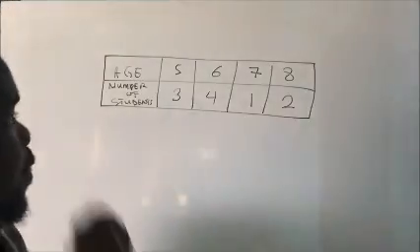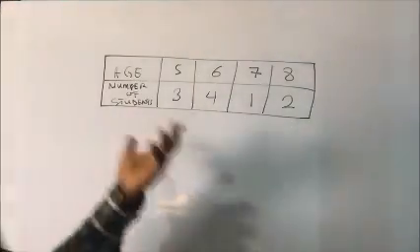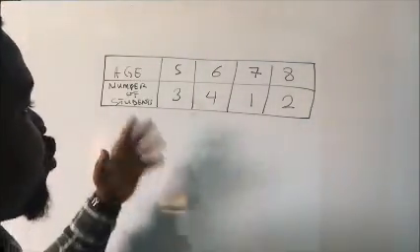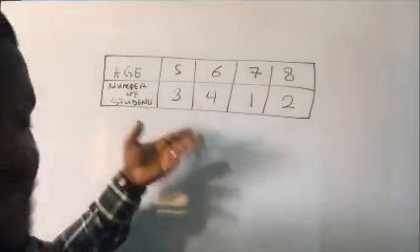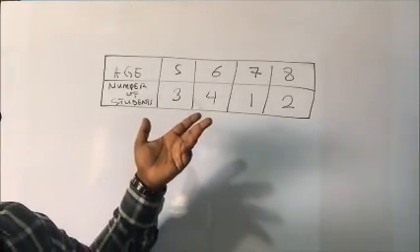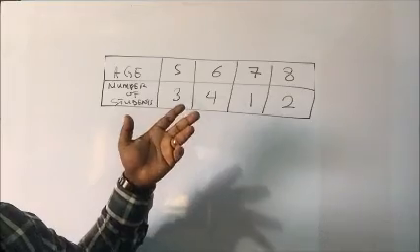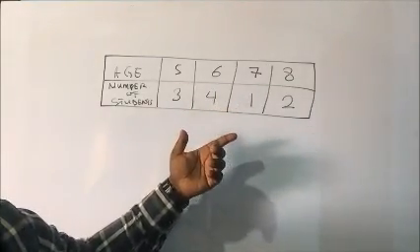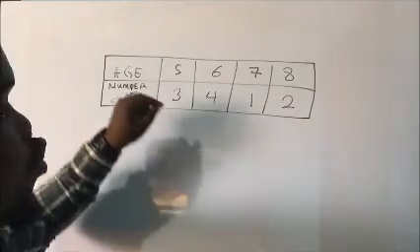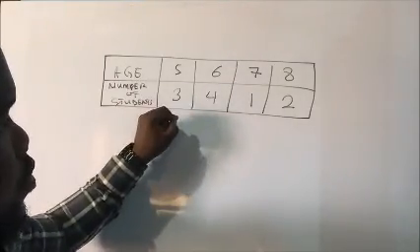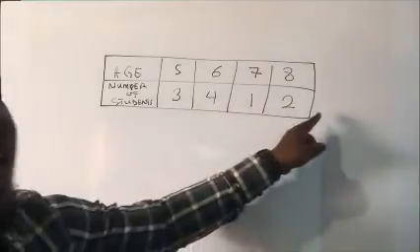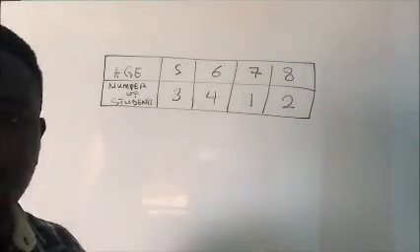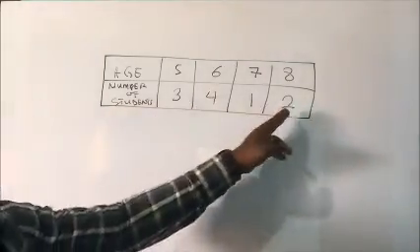Good. So I always advise that before you even start attending to the questions, you need to find the total number of students in the class, or the total number of outcomes.